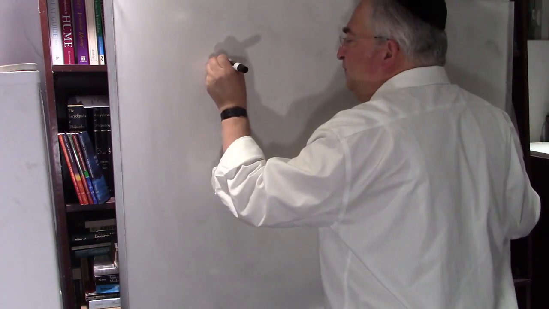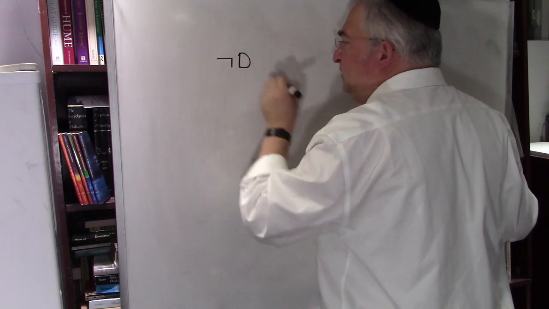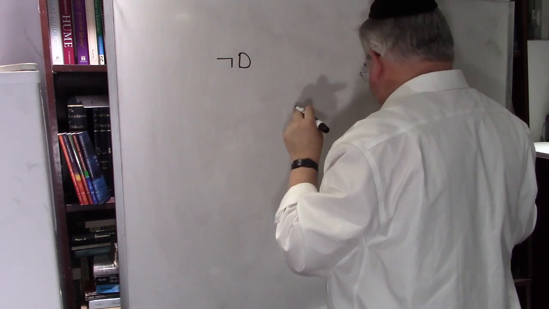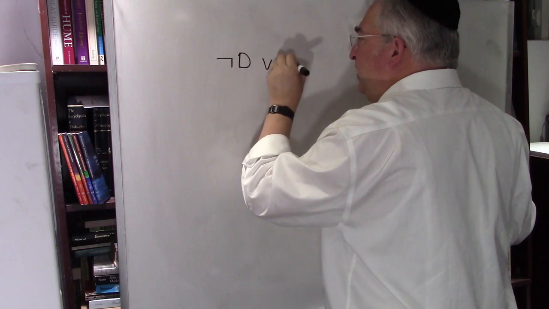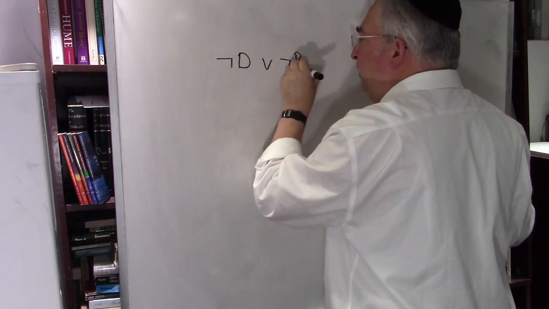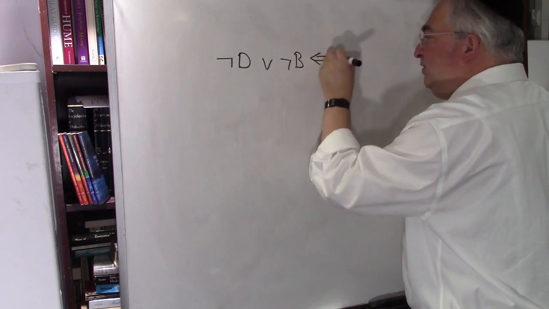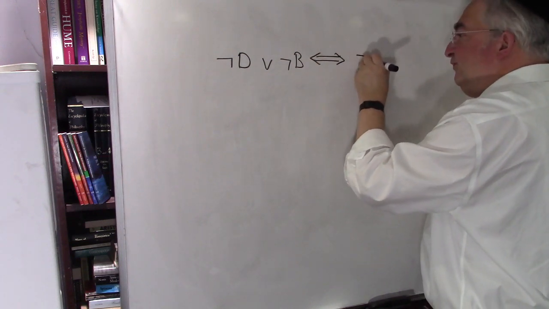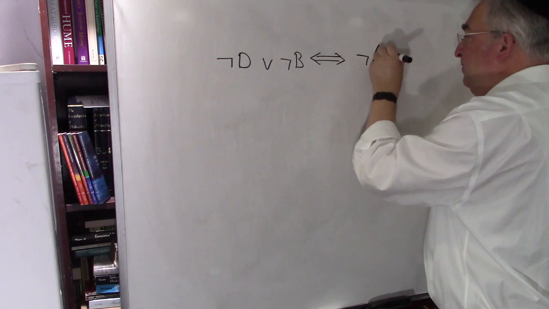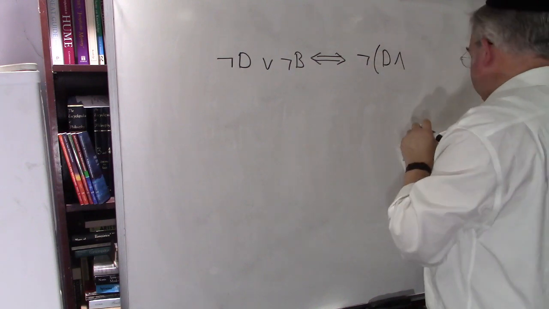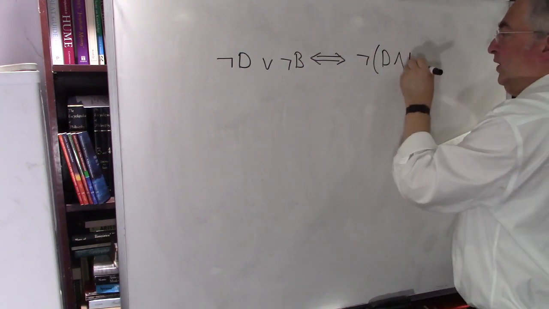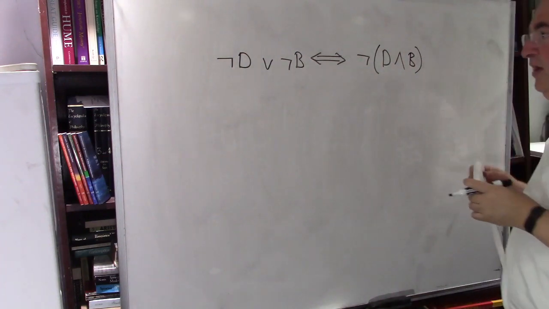So, if you're not a Democrat or not a boy, then what are you? That's logically equivalent to it being false that you're a Democrat and a boy. Let's go through that again.